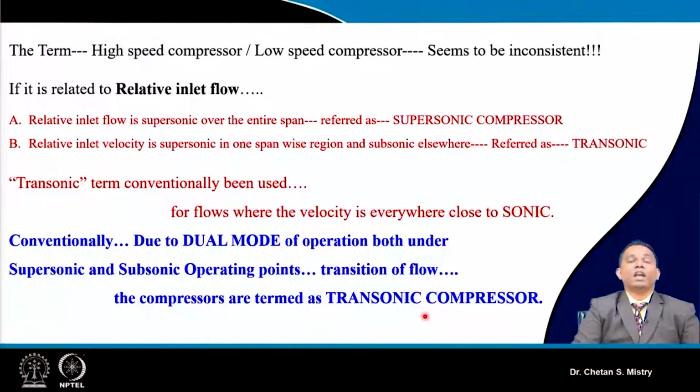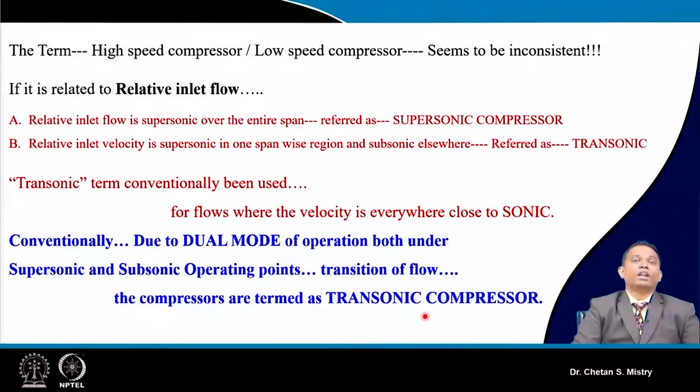When we discuss the LP compressor, it rotates at low speed, and the HP compressor rotates at high speed. So low speed and high speed is a terminology that does not fit when discussing such configurations.